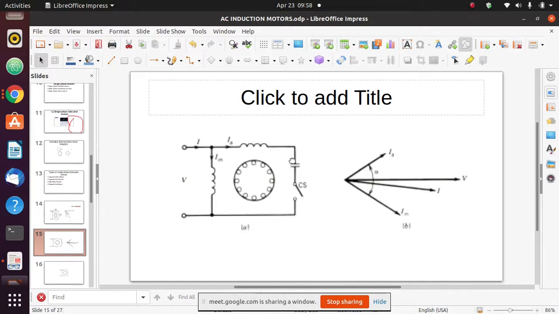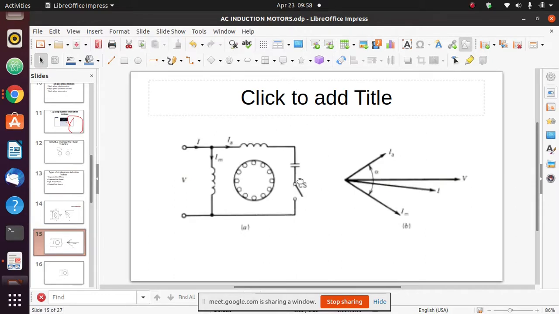Once the motor starts running and reaches 75% of the synchronous speed, you can turn off the auxiliary winding. And how do you do that? You introduce a centrifugal switch into that circuit.